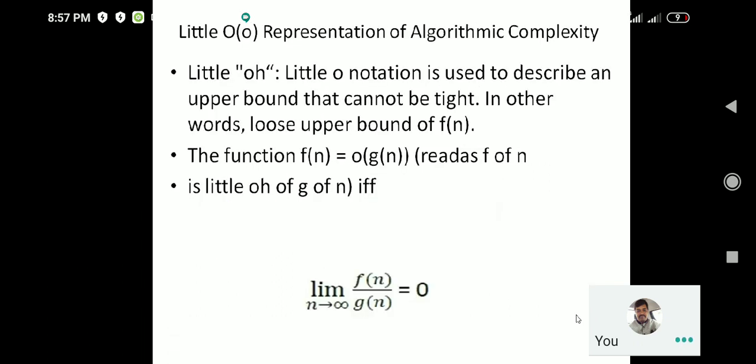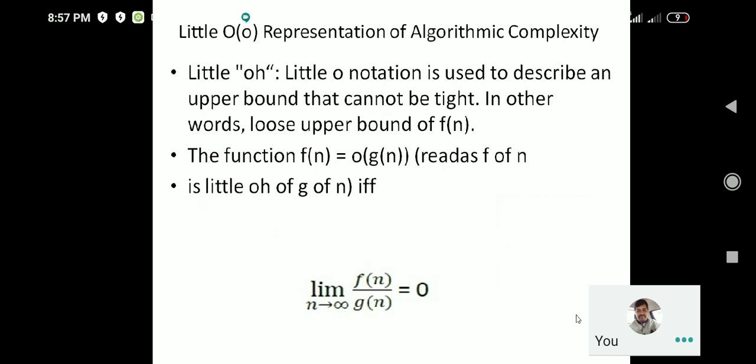Moving ahead, first let's discuss the little o representation of algorithmic complexity. This little o notation is used to describe an upper bound that cannot be tight, that is, a loose upper bound for a given function f of n.